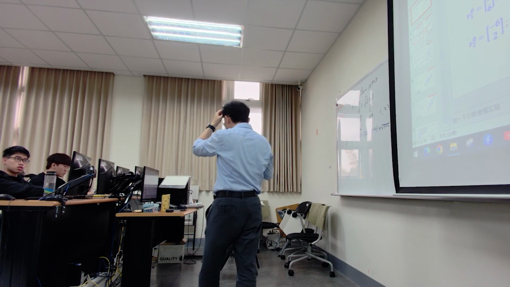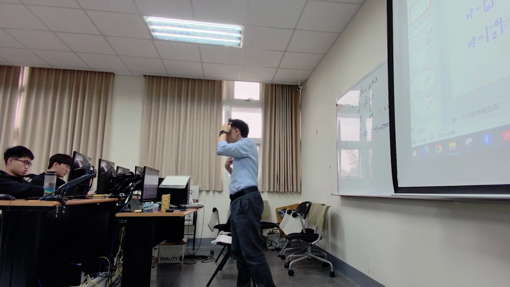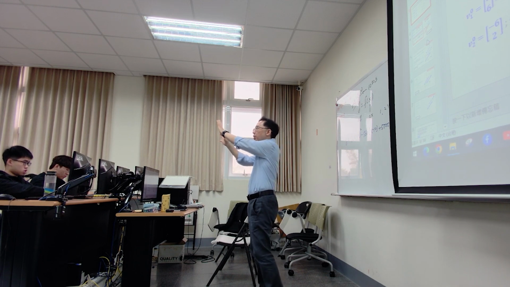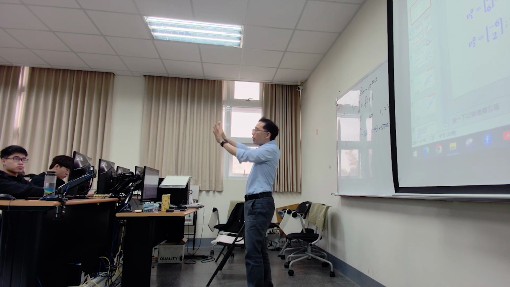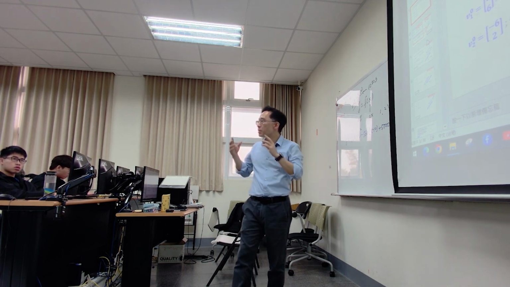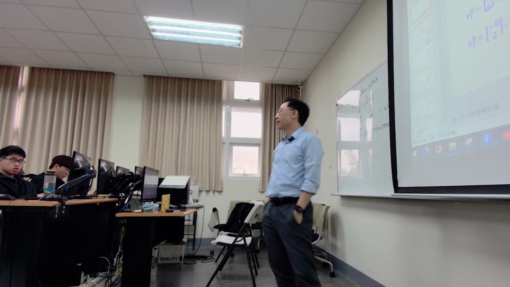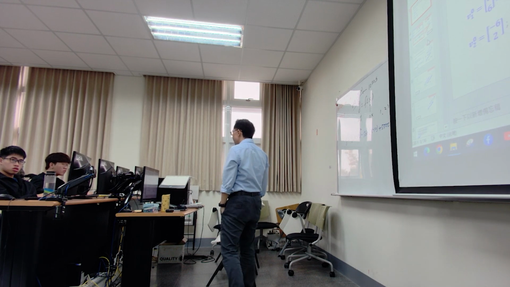So when I observe P, the coordinate is 5, 6. But if I observe from frame 1, there is some translation and rotation between frame 0 and frame 1, so you will see it's a little bit different. It's -3 and 3. This is a vector.